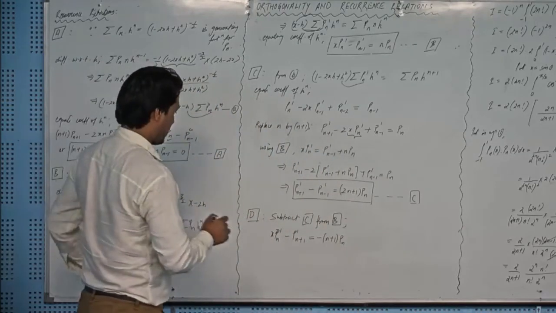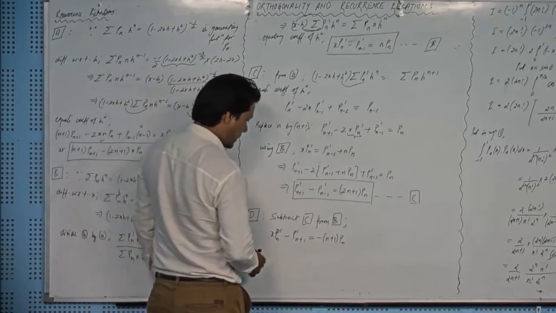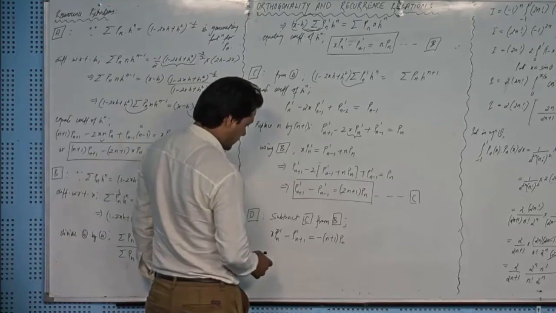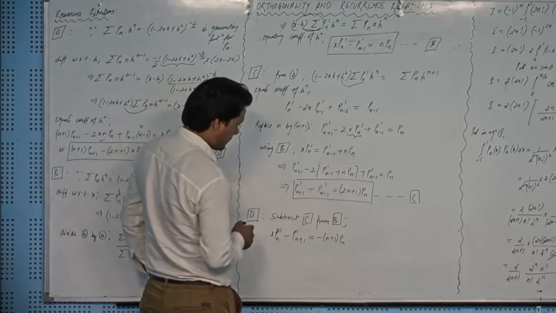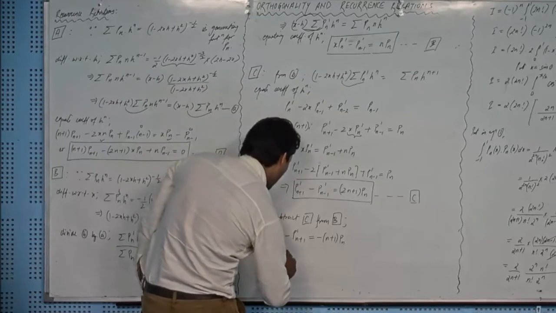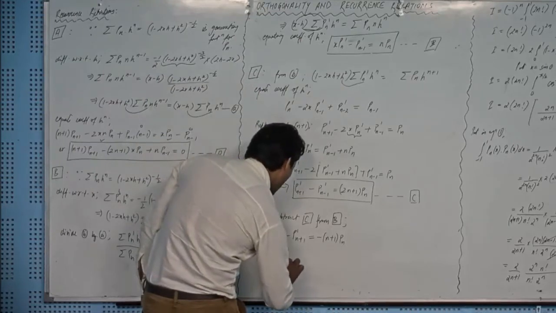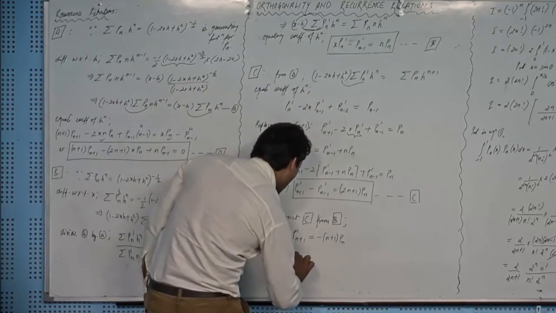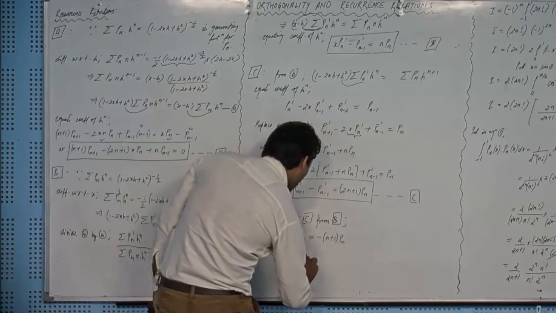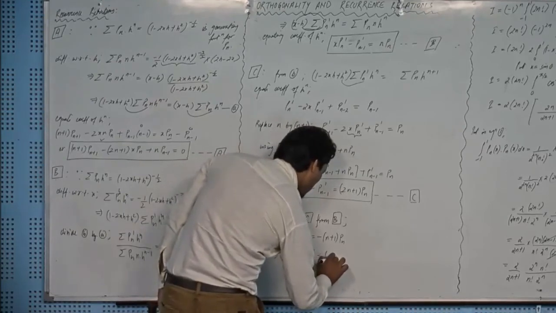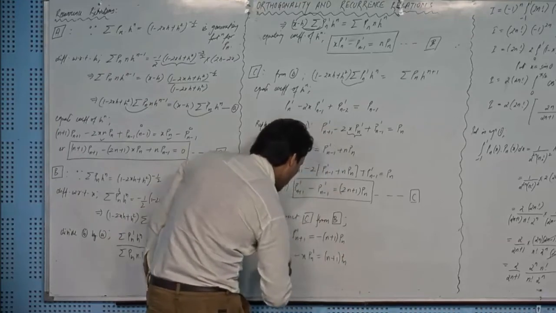Okay, and you can switch these sides. I think if I multiply this with a negative sign, that will become Pn plus 1 dash minus x Pn dash equal to n plus 1 Pn, right?